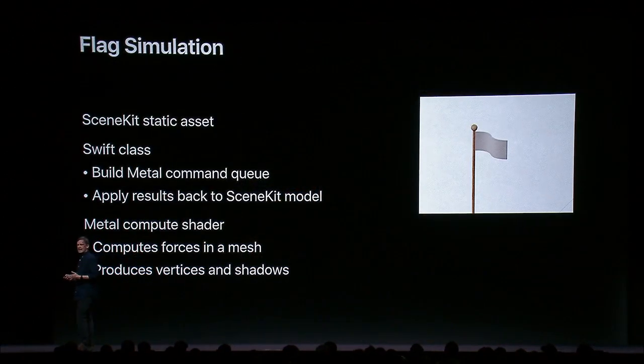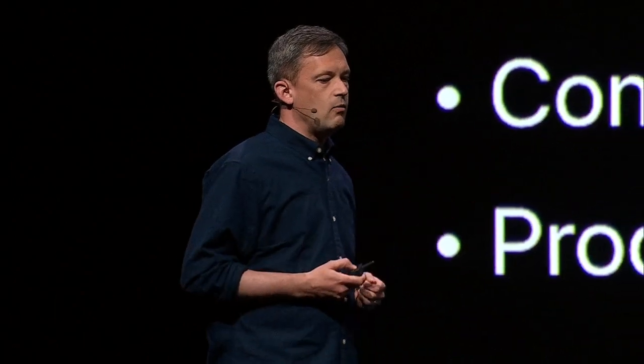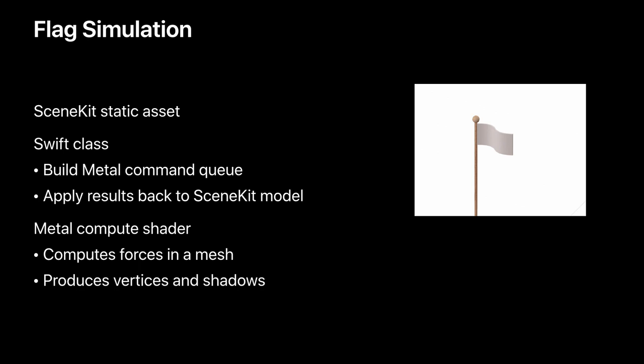We started with a SceneKit asset built by our technical artist. To get the Apple logo on the flag, we applied a texture at runtime. Then we built a Swift class around a Metal device. The Swift code builds a Metal command queue and inserts information from the state of the game, such as the direction the wind is blowing. That command queue is running a custom Metal compute shader. That comes from legacy code built in C, but because Metal is based on modern C++, it was a very easy conversion to make.